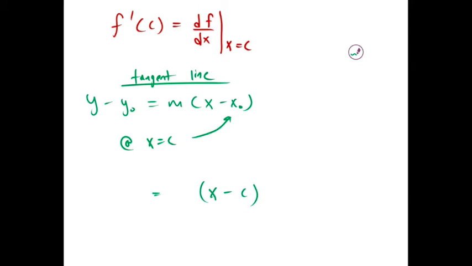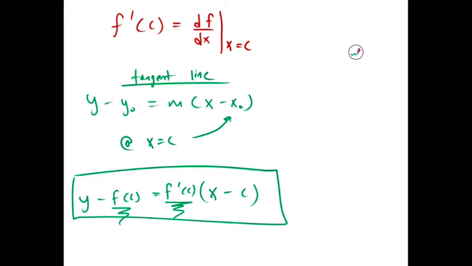Our y0 will just be y at c, which is f of c. And m is the slope of the function at c, so f prime of c. If we find f prime of c and f of c, then we can easily get the equation for the tangent line.